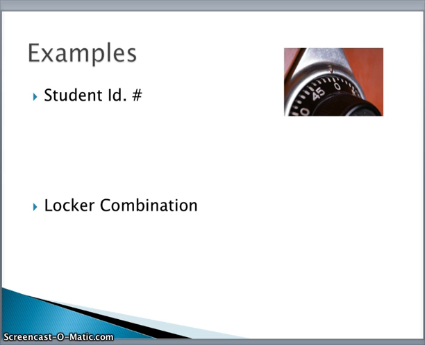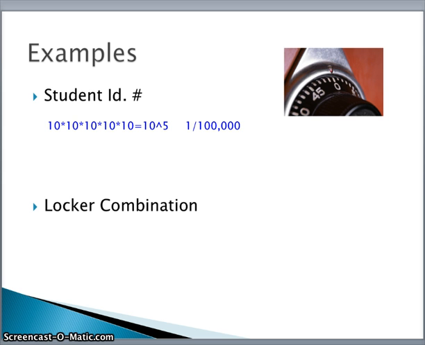To calculate the total, we multiply 10 times 10 times 10 times 10 times 10. This can also be expressed as 10 to the 5th, or 100,000 possibilities. So the probability is 1 out of 100,000 for guessing your student ID number.